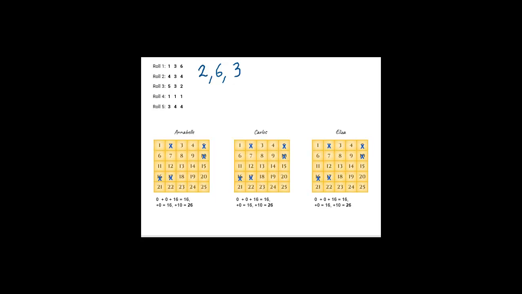So now we start actually playing the game, in the sense that students start to make decisions on what to do. So for example, let's say that Annabelle wants to create something that's near some boxes. Let's say she comes up with this expression, 2 times 6 minus 3. That's equal to 12 minus 3, and that's equal to 9.